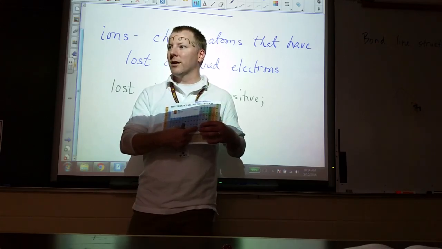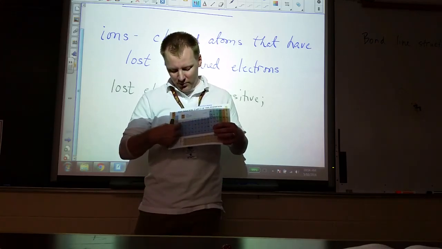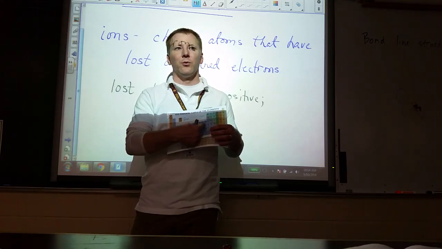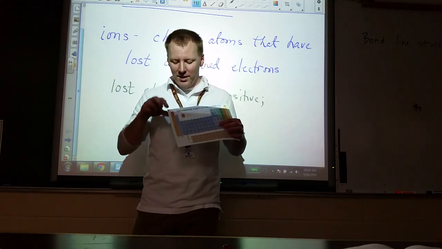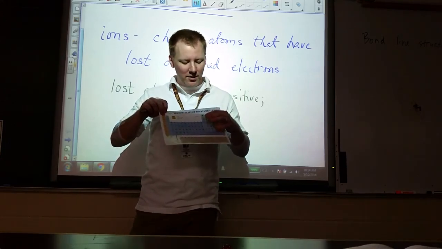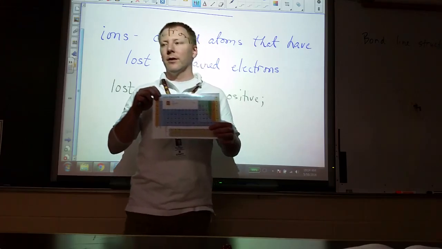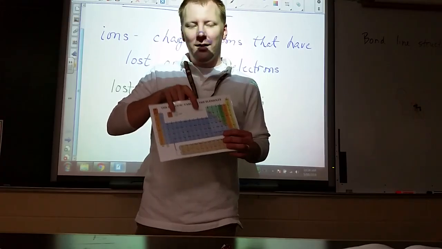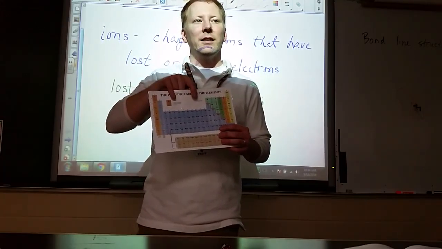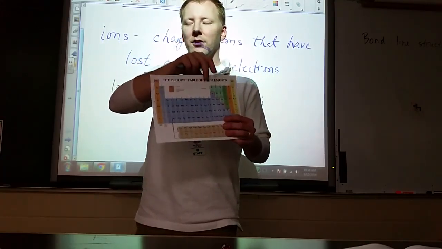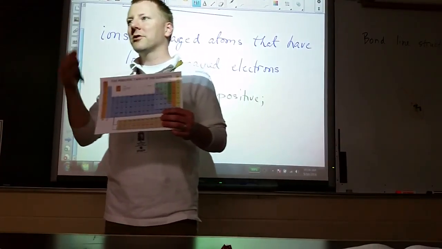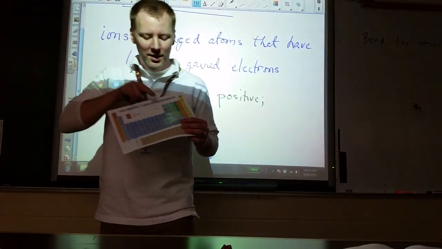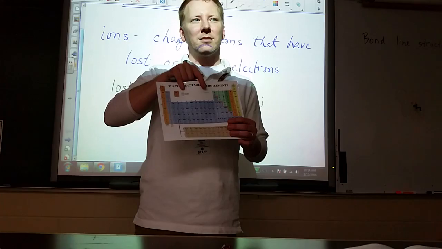All of these metals in the middle tend to do that. We just aren't going to learn all of the rules for these, because the first two columns and the third column behave really nicely and consistently. What we'll find is that these almost always get the same charge every single time they ionize. The ones in the middle can have multiple states.